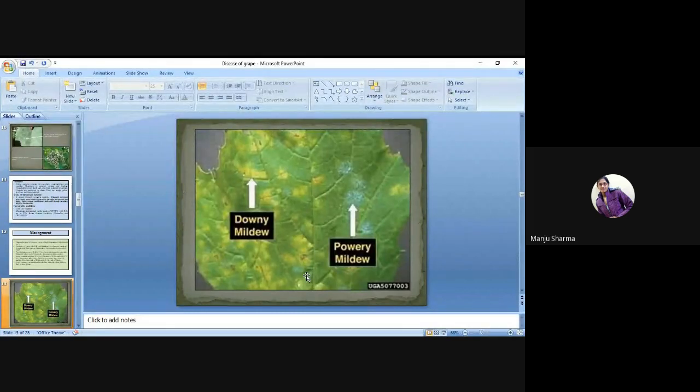And in downy mildew the color of the symptoms is yellowish, and slowly they become larger. So we can easily identify by these symptoms downy mildew or powdery mildew.